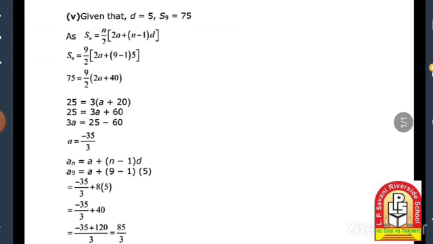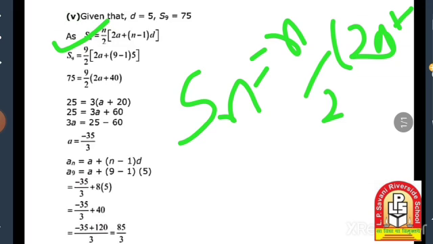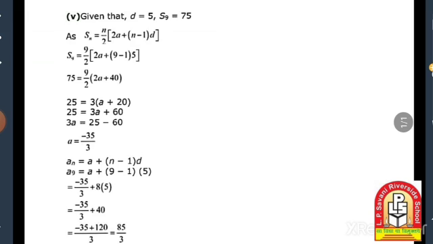So let's put the value of Sn in the equation of Sn. There is one equation, Sn is equal to n by 2 in the bracket 2a plus n minus 1 into d, which is given in the question. Then I take n is equal to 9, because here S9 is equal to 75.